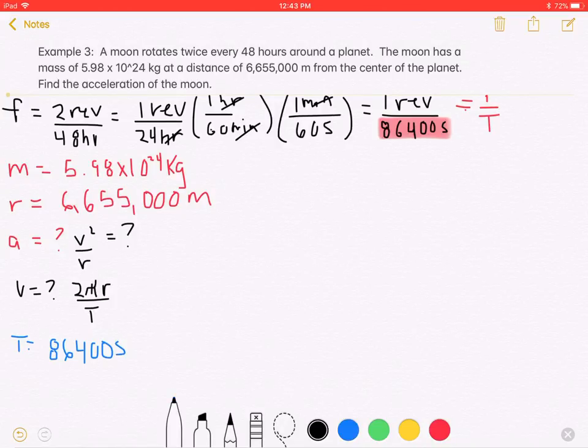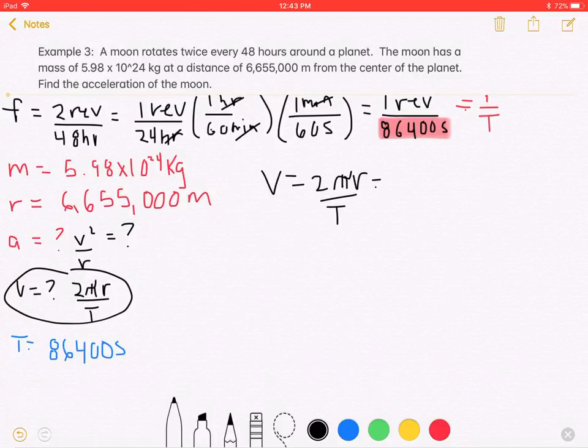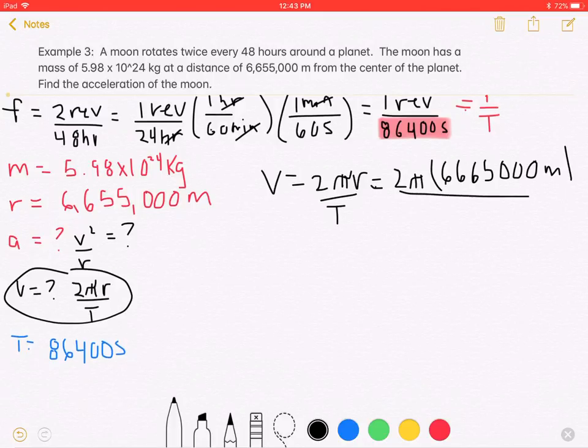So now that we have our period, we can find our tangential velocity. So let's start there. We're going to use this equation here. v is equal to 2 pi r over our period. That's equal to 2 pi times the radius, which is 6,655,000 meters, divided by the period, 86,400 seconds.